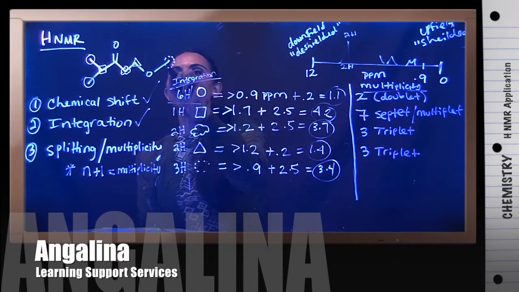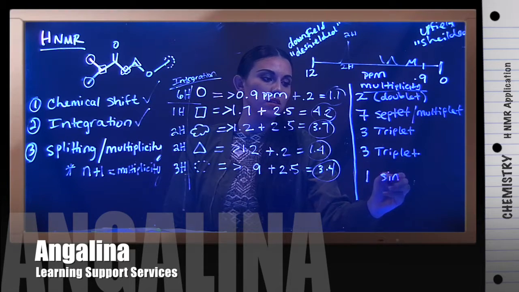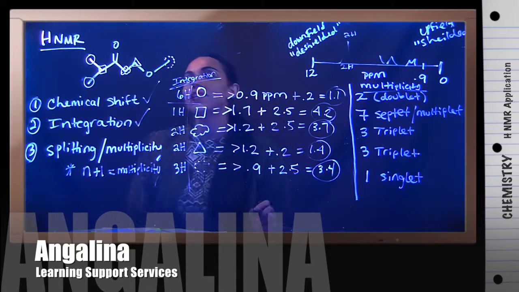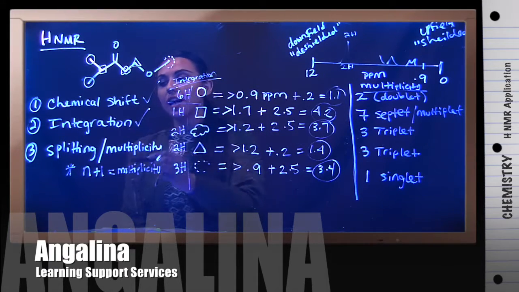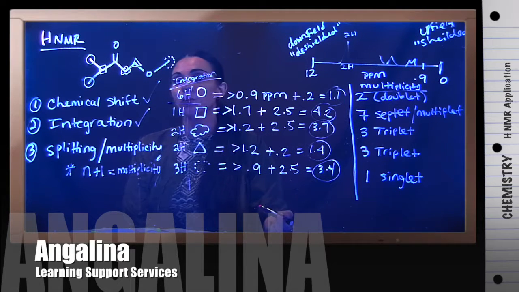And then lastly we have this signal here, and this signal has no neighbors, so 0 plus 1 is a singlet. Okay. So now that I've looked at all three of these things, I could actually compose my own little NMR spectrum, and hopefully that would match whatever it is that I would find if I actually put this into the machine and it produced the spectrum for me. And that's it.